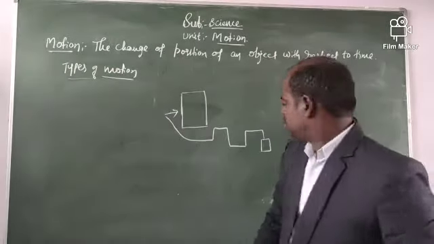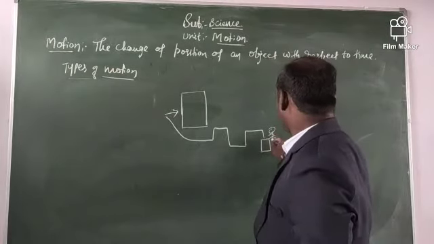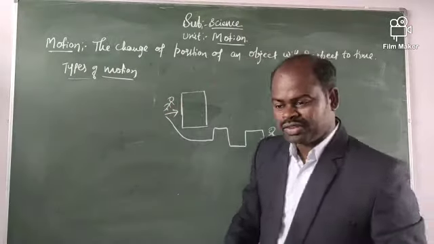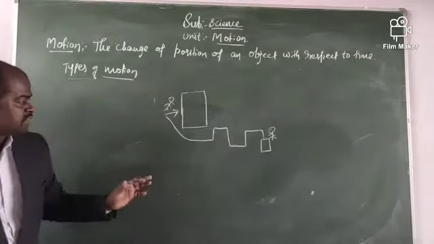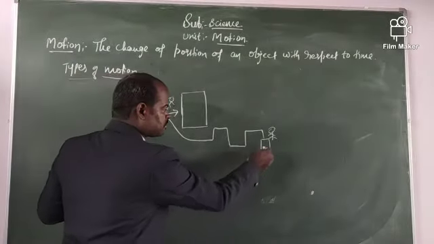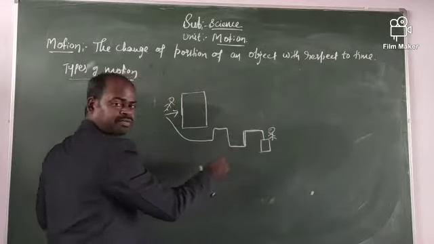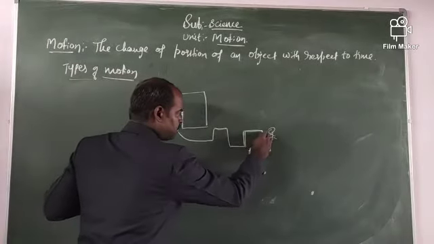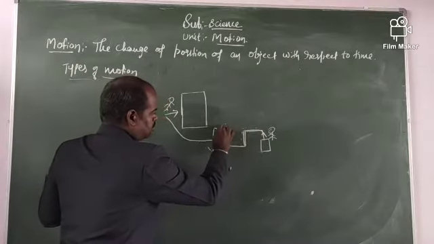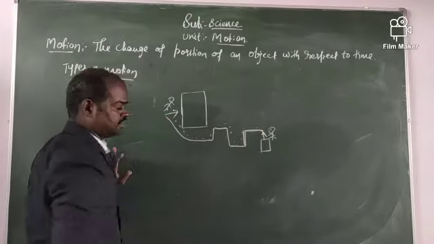Here is a student, this is the school, and they want to join. How will they reach the school? Just look at the path of the student coming to school from home. He will come like this.